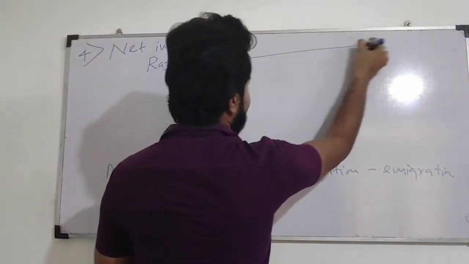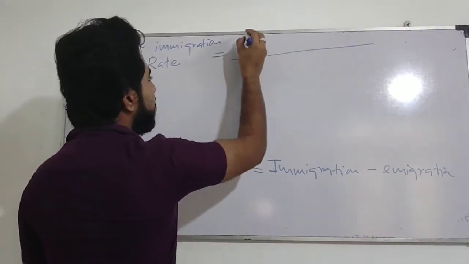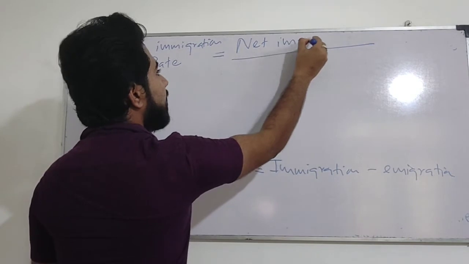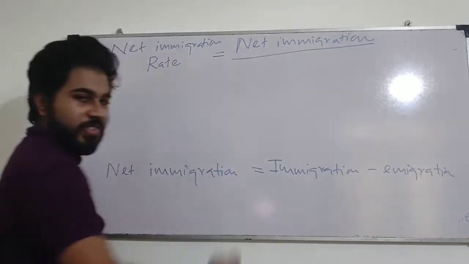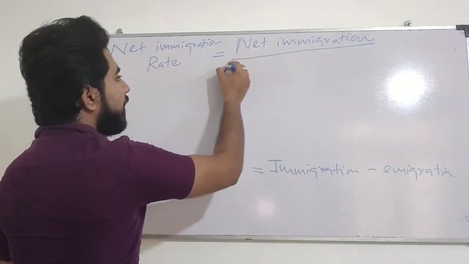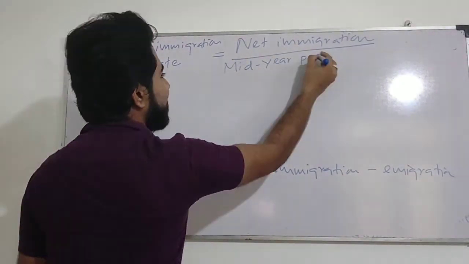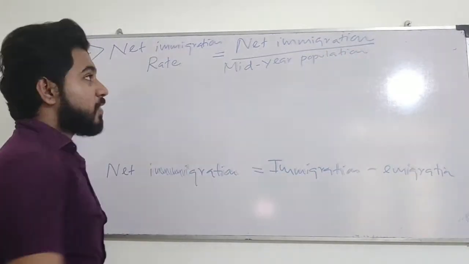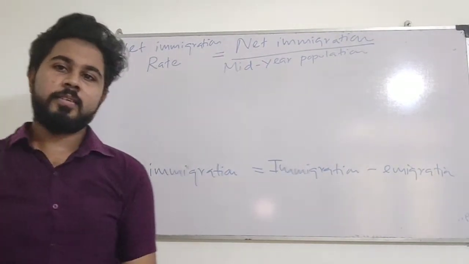Take a line like this, and the numerator should be net immigration, the difference between immigration and emigration. Net immigration divided by mid-year population. Mid-year population. Clear?